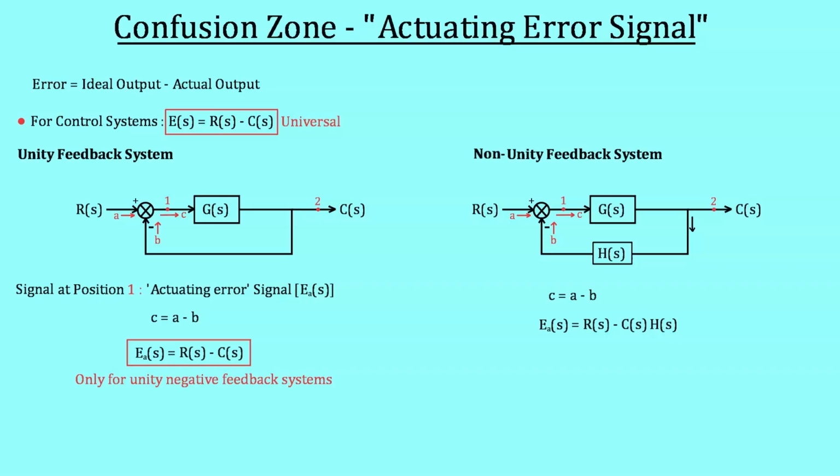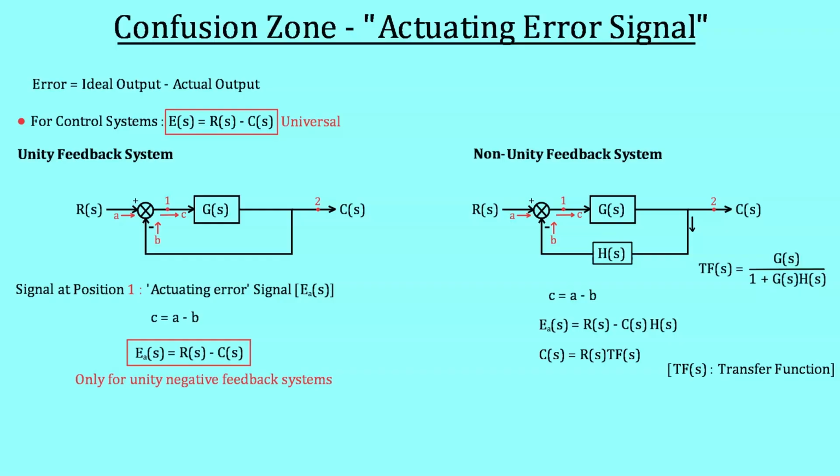However, before moving forward, it is very important that you clear all your concepts. On the other hand, the expression for actuating error comes from the block diagram only and is different for different types of systems. The expression for actuating error will change for a positive feedback system, but that is not true for the error signal.